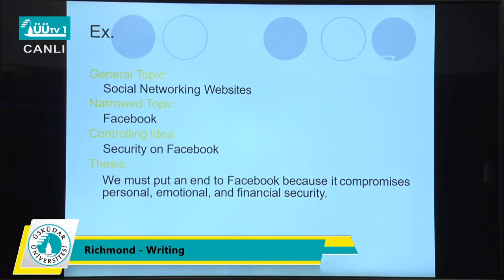Now, let's look at another example. Our topic is social networking websites, specifically Facebook. Our controlling idea is security on Facebook. And our thesis is we must put an end to Facebook because it compromises personal, emotional, and financial security.